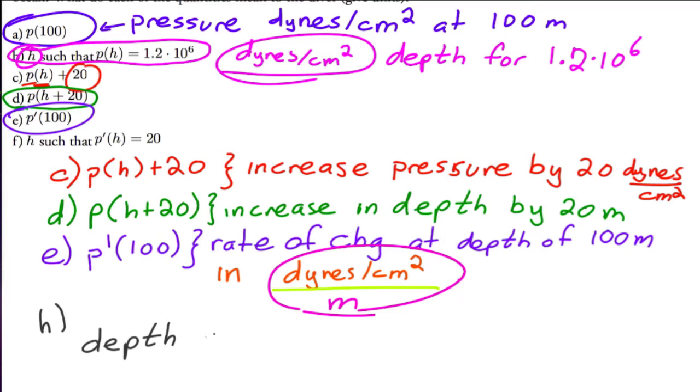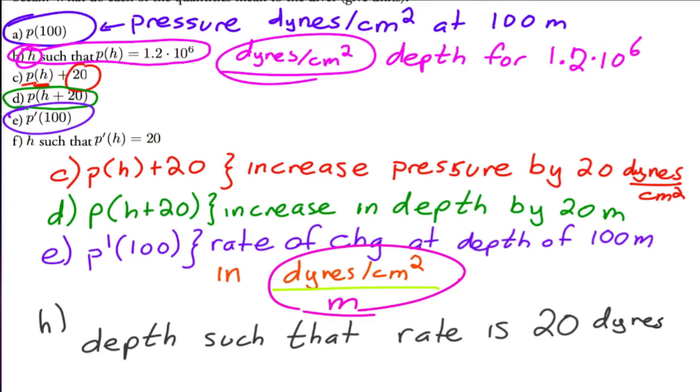So it's the depth in meters such that the rate in dynes per centimeter squared per meter is 20 dynes per centimeter squared per meter. So how far down do you have to go for the rate to reach 20 dynes per centimeter squared per meter? That's what that's asking.